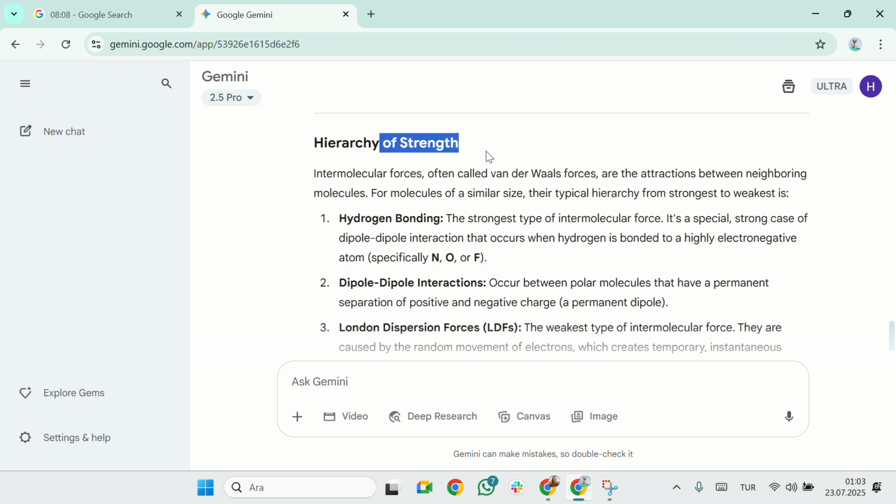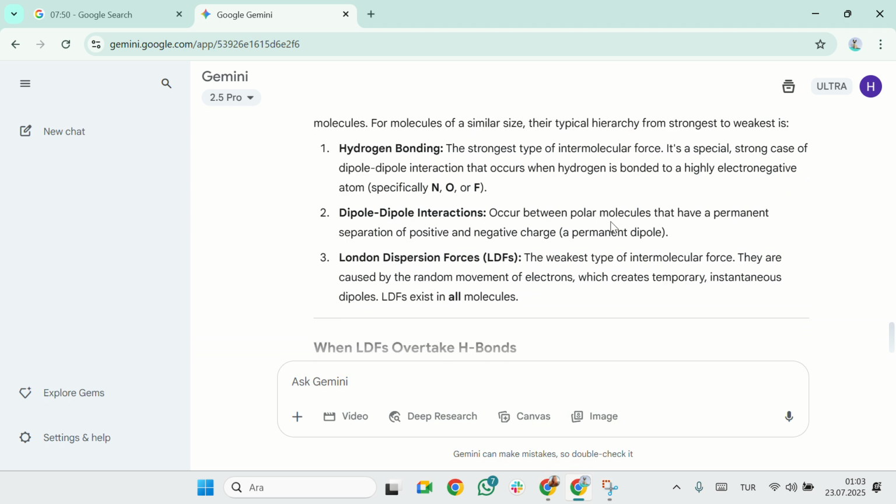Hierarchy of strength. Intermolecular forces, often called van der Waals forces, are the attractions between neighboring molecules. For molecules of a similar size, their typical hierarchy from strongest to weakest is as follows. Oh, hierarchy is the order of strength.